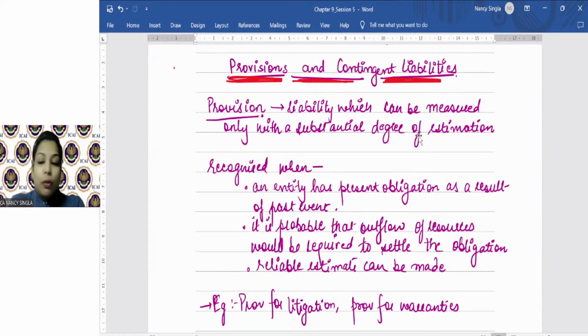Before starting with this topic, I want all of you to reply as to whether you are clear about what is provision, what is contingent liability, and what is the accounting standard that comes to your mind if we discuss provision and contingent liability. Quickly, I need all of you to answer. Okay? I want to finish up this chapter, this topic today. So tell me what is meant by provision and contingent liability. Send in your replies.